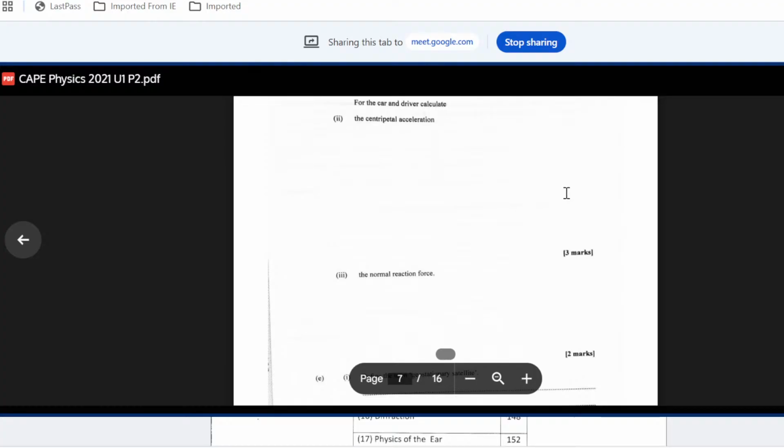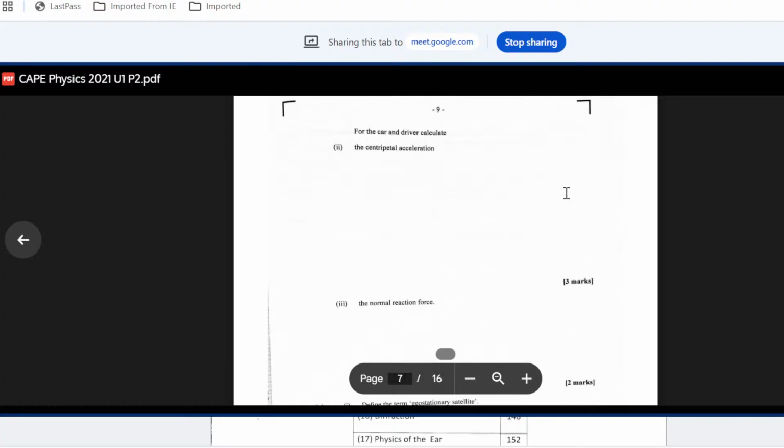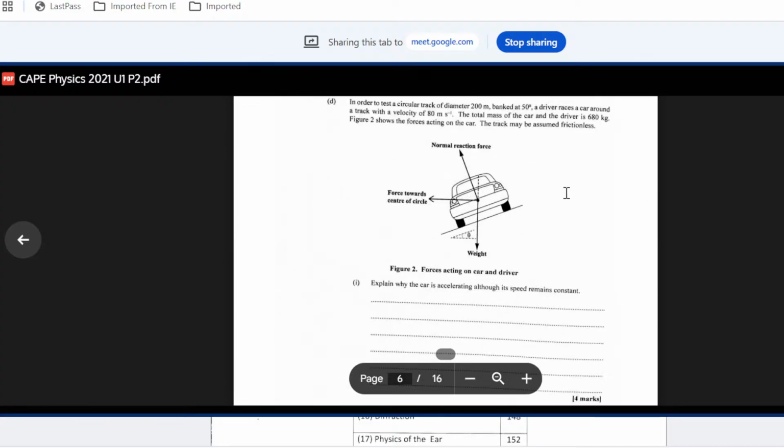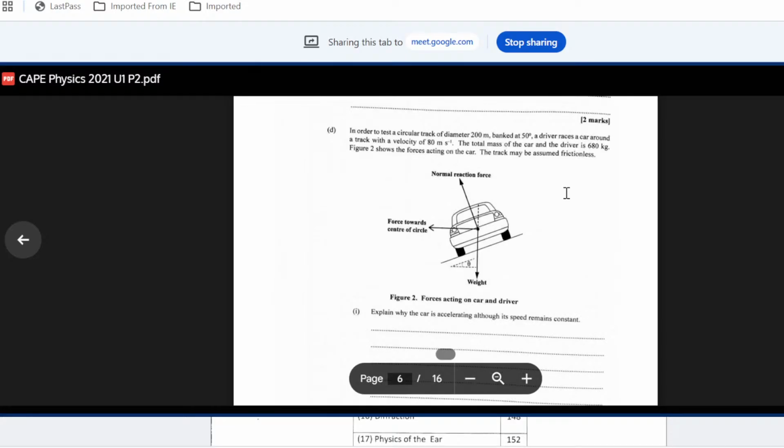Calculate the normal reaction force. Don't I just have to calculate the weight? Weight, so that is this times 9.81.